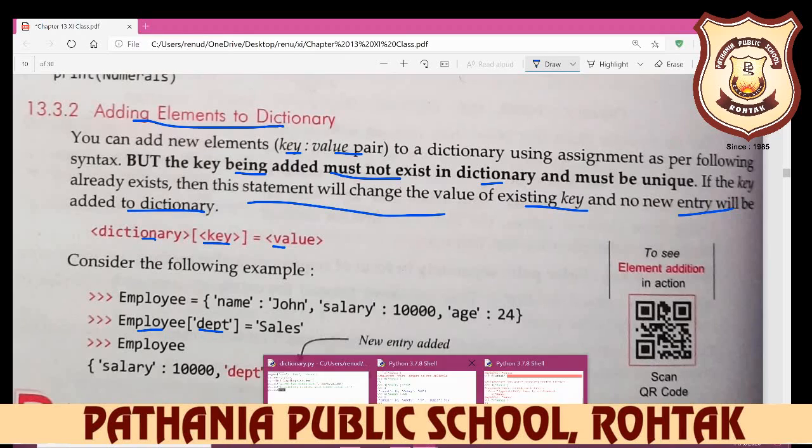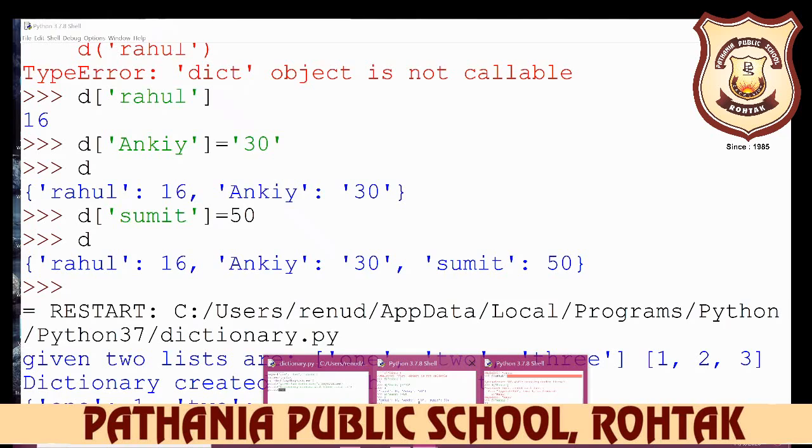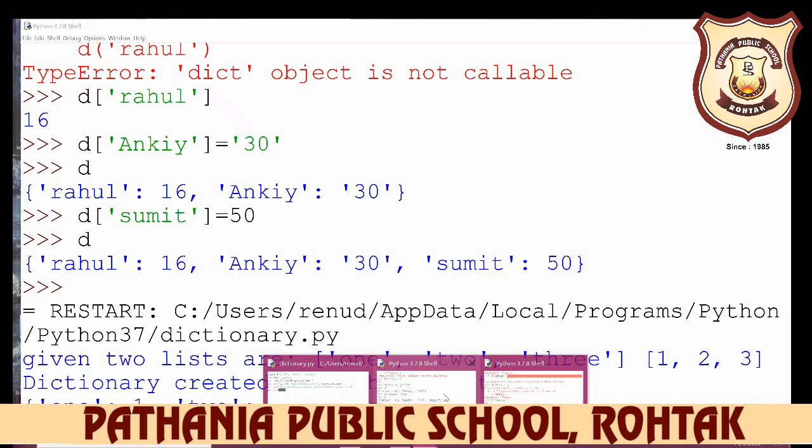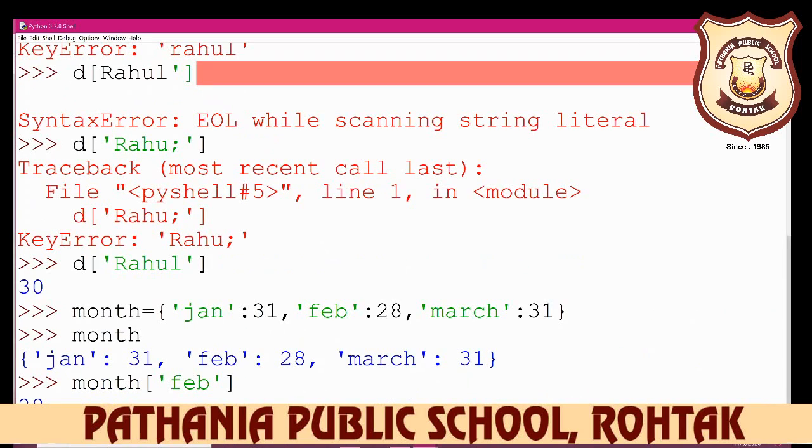So for example, how you do it, and we take one example here. We have taken here, for example, we want to enter the next month. So you just write down month, and in month we want to write down here April.